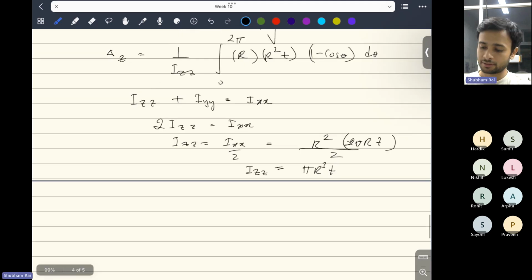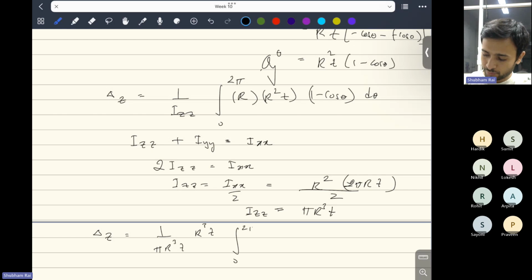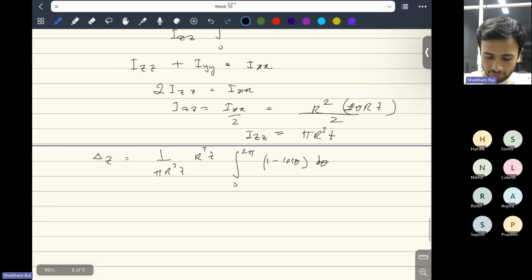Finally, you can put all the things in this formula of delta z. So the delta z is going to be 1 over pi r cube t, and r cube t is in the numerator also. We can take it common outside the integral because it is constant, and 0 to 2 pi 1 minus cos theta d theta. Okay. So you will get finally 1 over pi.